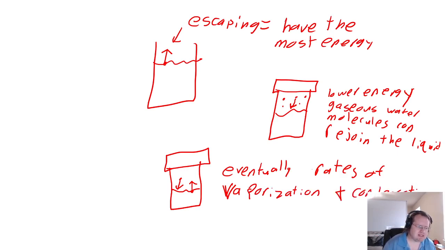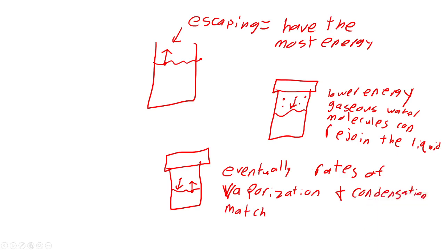And what that means is the same number of molecules are going to re-enter the liquid phase as go into the gas phase. This doesn't mean that individual molecules can't change phases, but you're not going to see the number of molecules change. So for each time one gets vaporized, one is going to condense. This is called dynamic equilibrium.